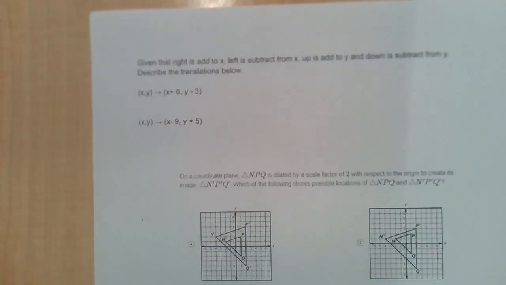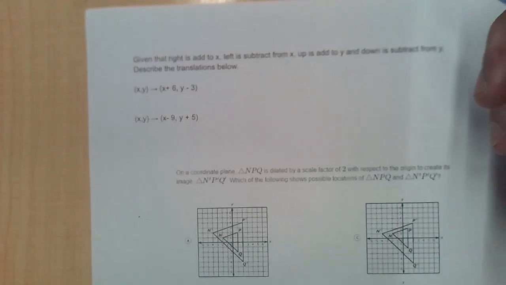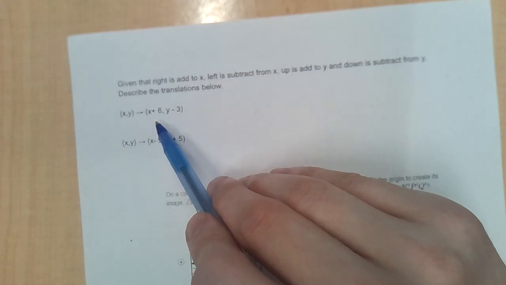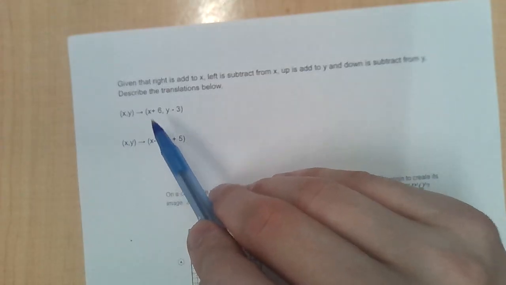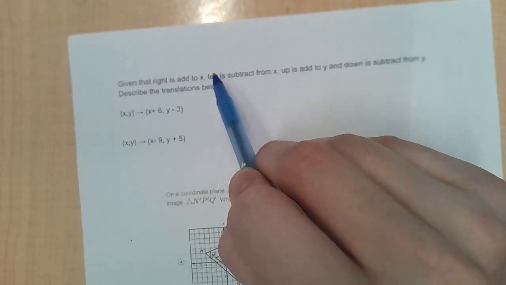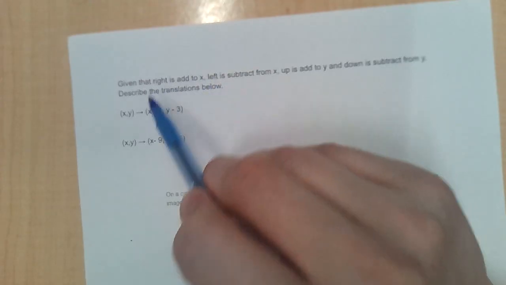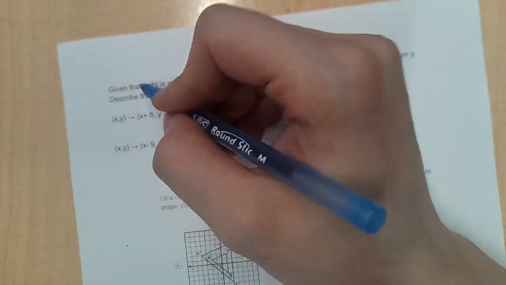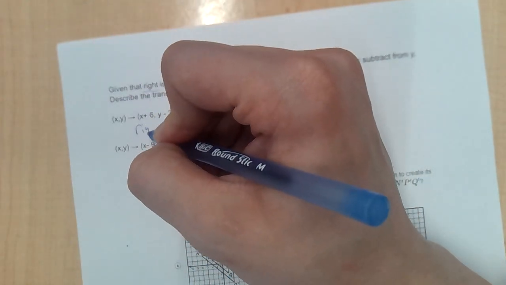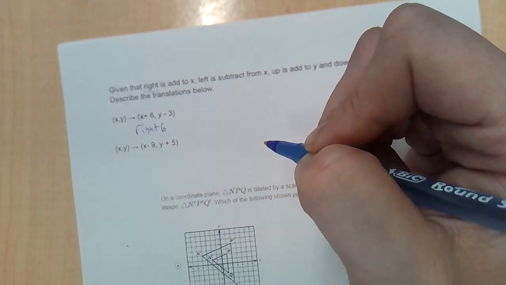Okay, and the last page for this video, now we have translation of a point. All you've got to remember is that plus or minus to x is right or left. So if I add a number to x, it's going to go to the right. So this is x plus 6, so this is right 6.